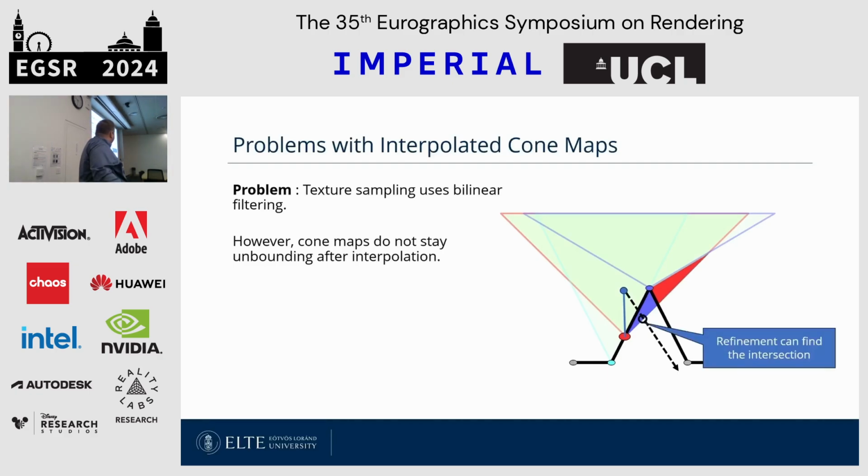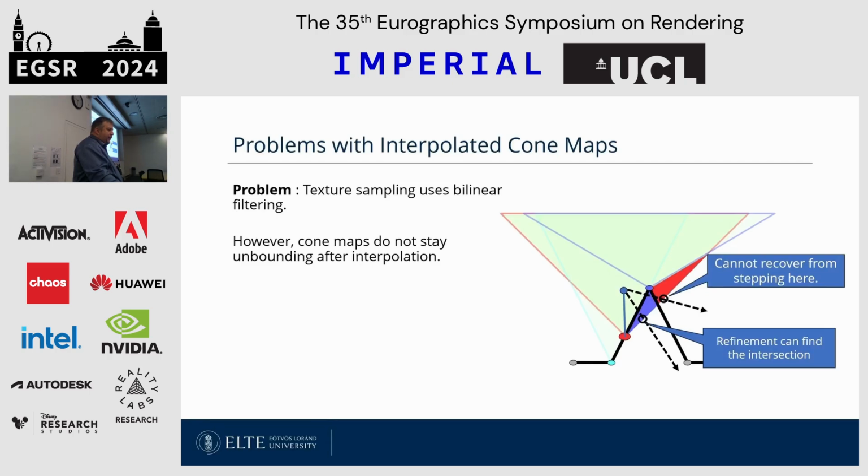In some cases, this is not a problem, for example in the blue area, which is also not part of the proper surface. In these cases, refinement can find the intersection properly. But there are other cases when we cannot recover from here, so some surface features will be missed.